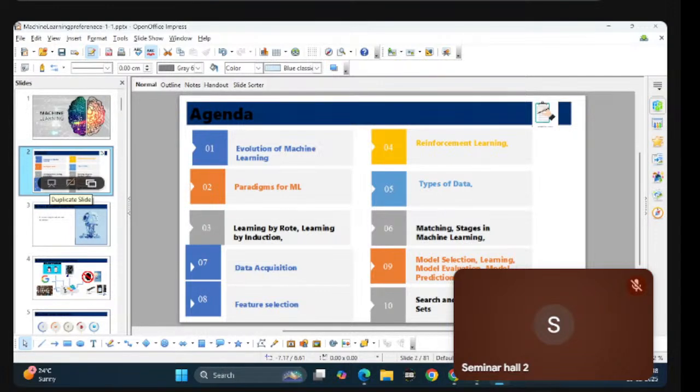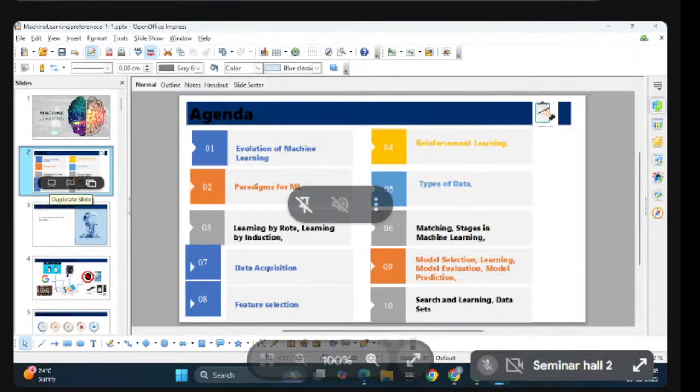Next, matching, comma, stages in machine learning. Next one, model selection, learning, comma, evaluation. The last one is search and learning.